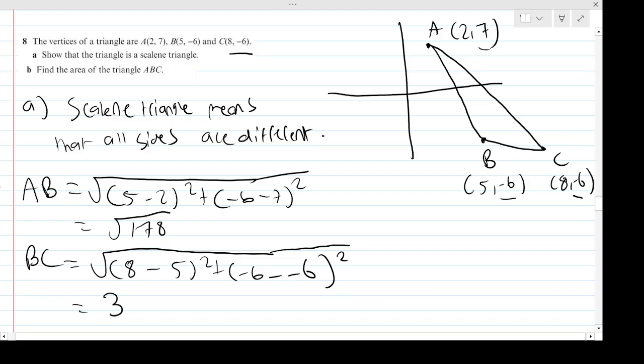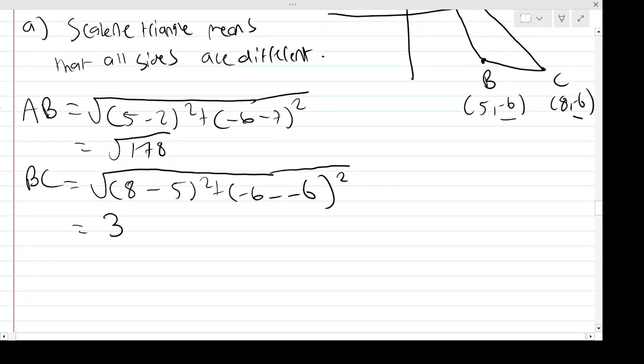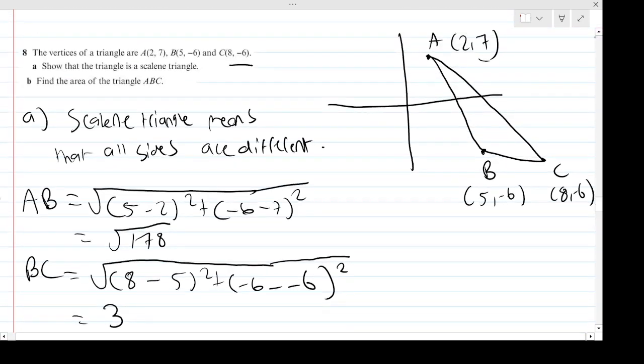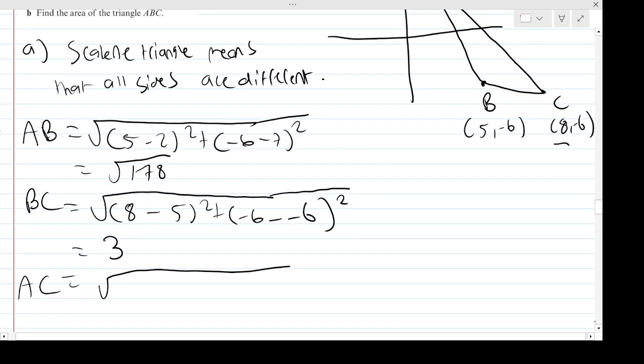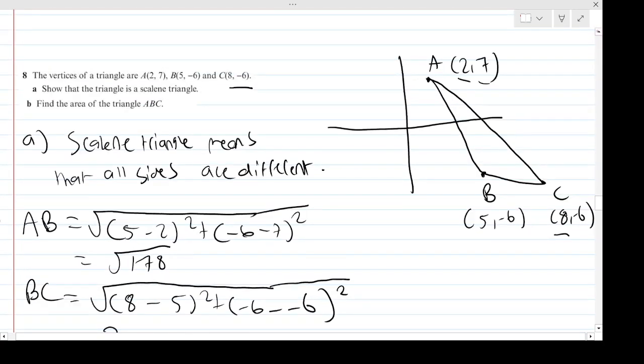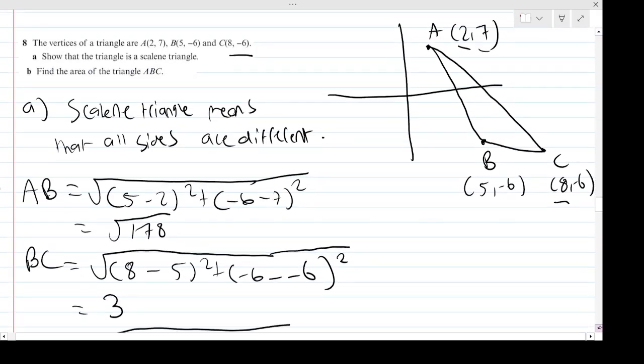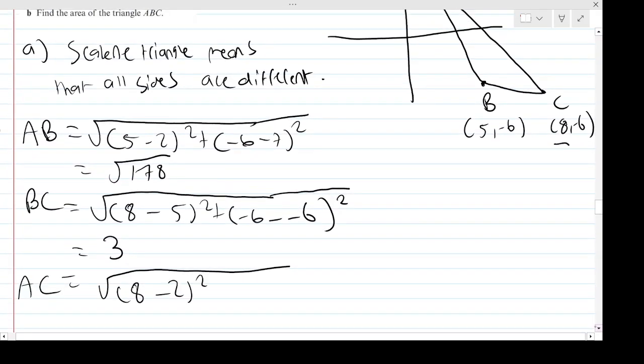Okay, cool. Then the last side we've got to work with is AC. That's the remaining side. Again, to work out distance, do the change in x and change in y of both A and C. So again, I'm going to take C first. So let's do change in x. We're going to have 8 take away 2, so that's the x value at A, all squared, plus the change in y.